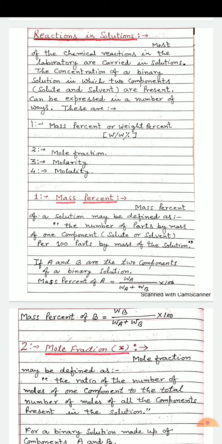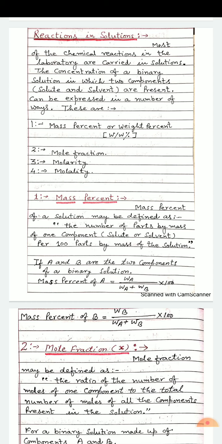The concentration of a binary solution, in which two components (solute and solvent) are present, can be expressed in a number of ways. These are: first, mass percent or weight percent; second, mole fraction; third, molarity; fourth, molality.